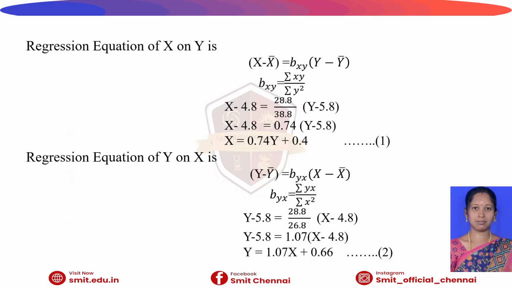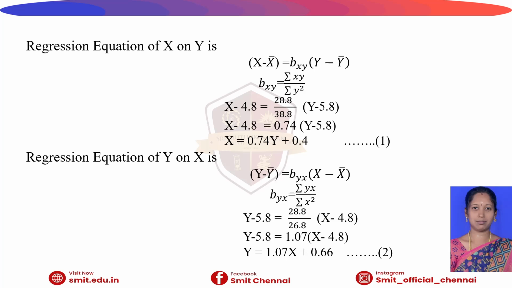Regression equation of x on y is x minus x bar equal to b of xy into y minus y bar. b of xy is equal to summation of xy by summation of y square. Putting the values in the formula, we get x is equal to 0.74y plus 0.4.